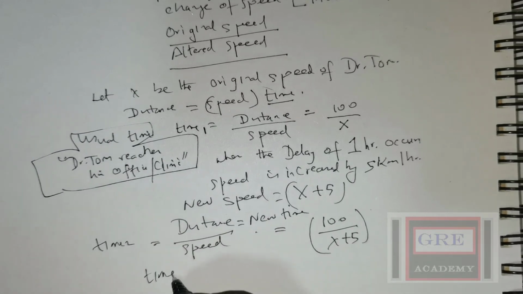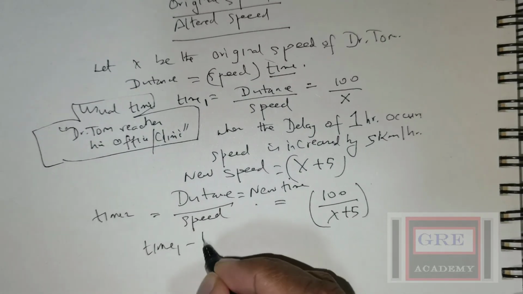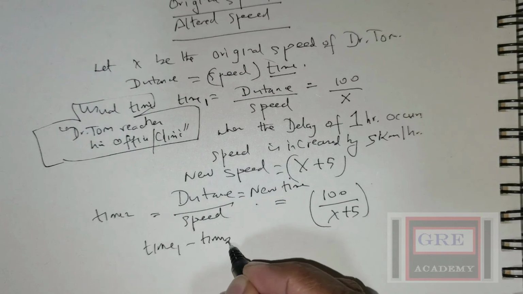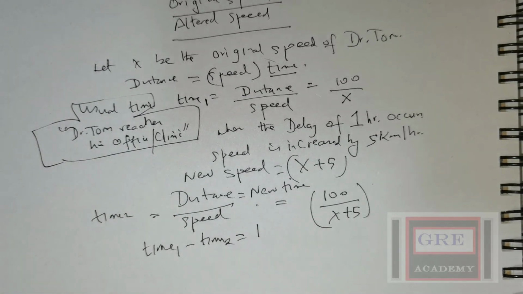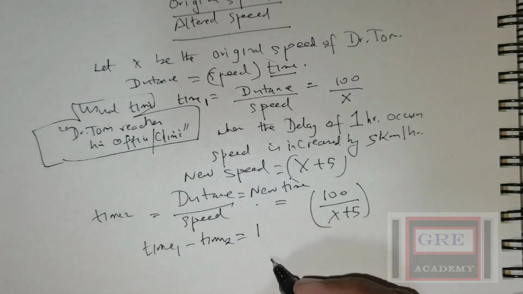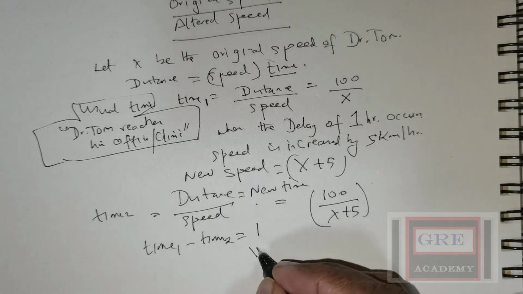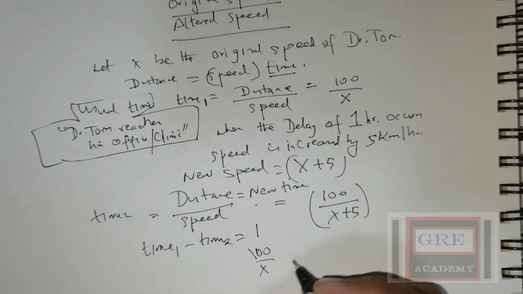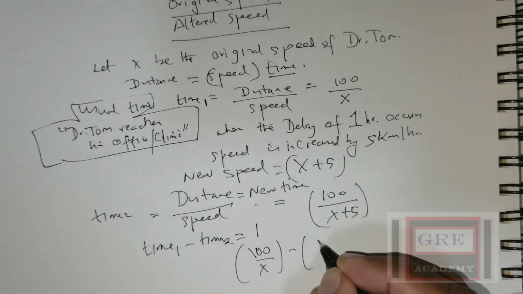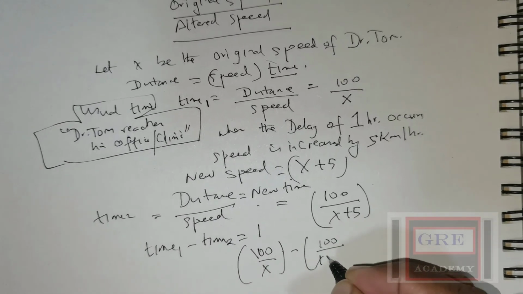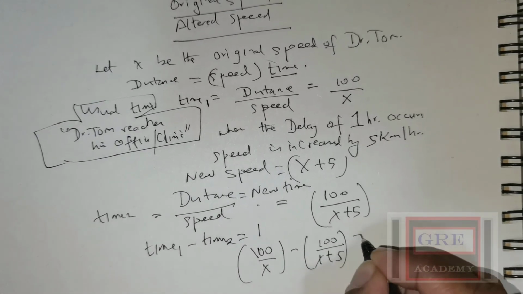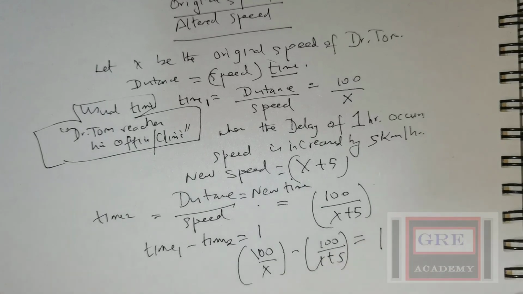So the difference between time 1 and time 2 is 1 hour. So what we need to do is solve 100 over x minus 100 over x plus 5. This will be equal to the difference of 1 hour. So we need to solve this.